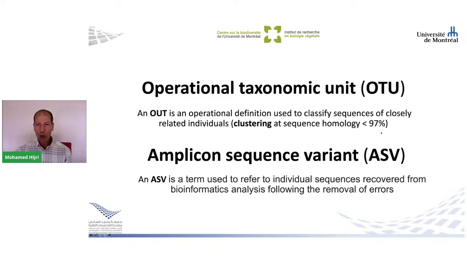Recently, we are using another term, which is ASV, that means amplicon sequence variant. This term is typically used in a different bioinformatics pipeline. Instead of grouping or clustering sequences by percentage of homology, we use an algorithm to correct sequencing and PCR errors.